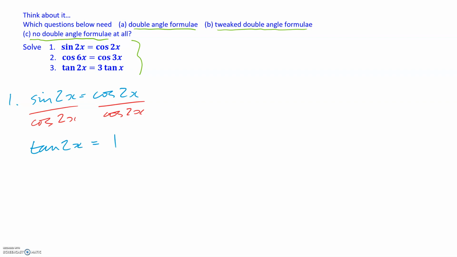So then you can just solve as normal. And you could have done that question last year using year 1 trigonometry. So for that one, we didn't need any double angle formulae at all.